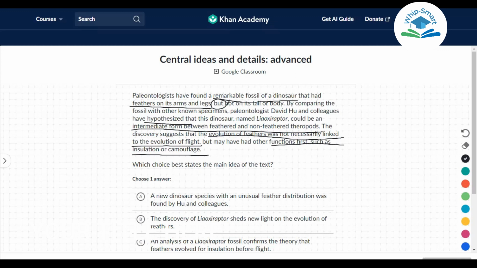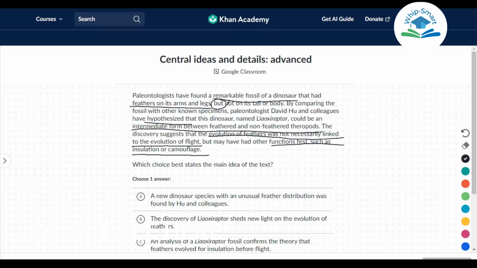In fact, there's a little detail that you've missed. The last sentence not only says that feathers are not only for flight, but also for other functions like insulation or camouflage. But one detail you missed is that feathers were first used for insulation or camouflage, and maybe later on for flight.